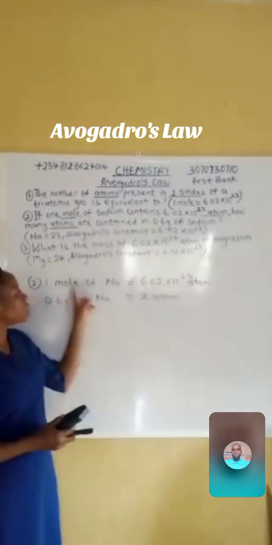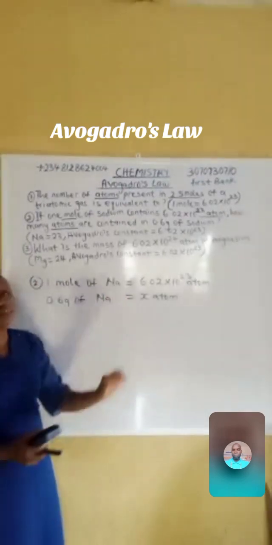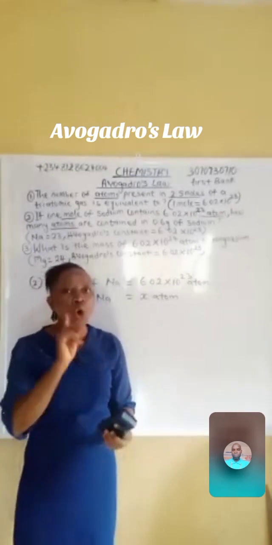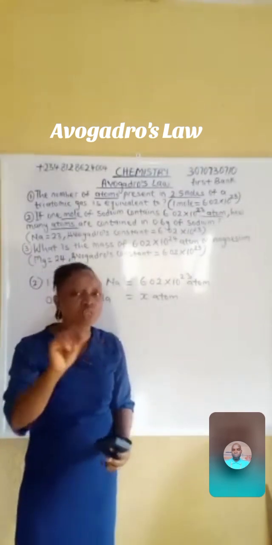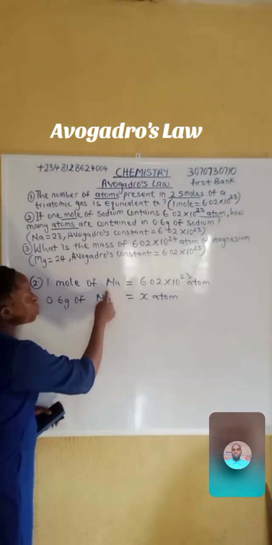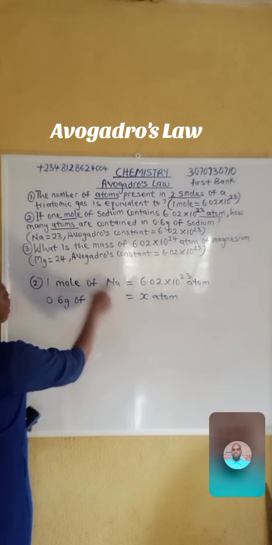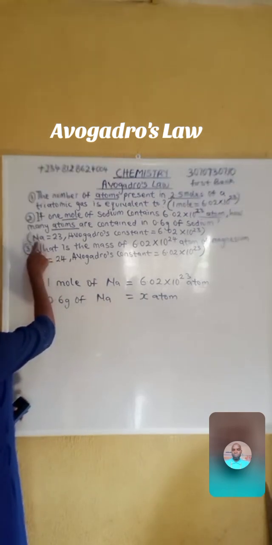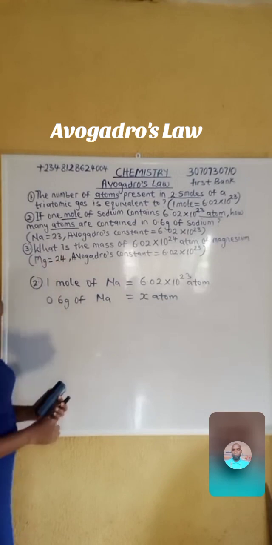So we can convert 1 mole of any substance to the molar mass of that substance. 1 mole of any substance equals the molar mass of that substance. Then what is the mass of sodium? Let's come back here. They've given us the atomic mass of sodium to be equal to 23.